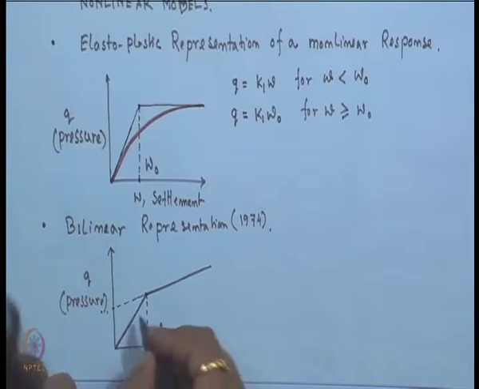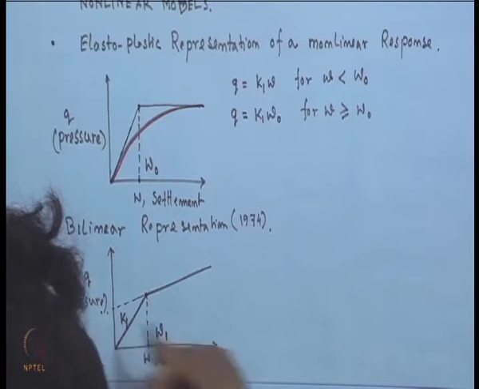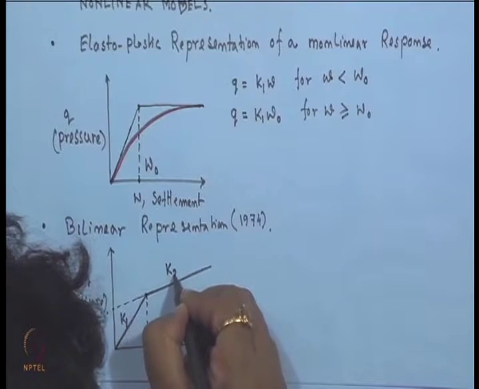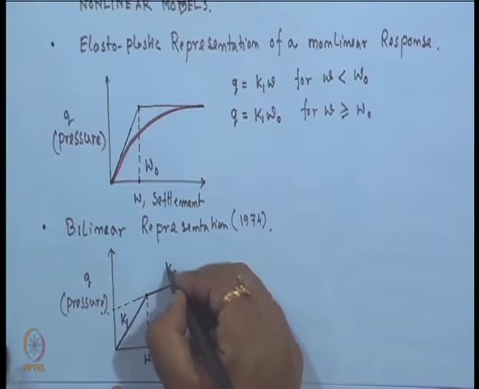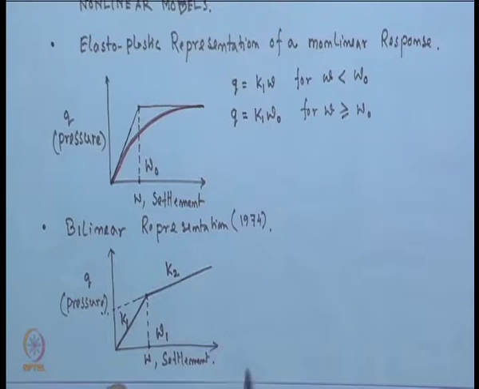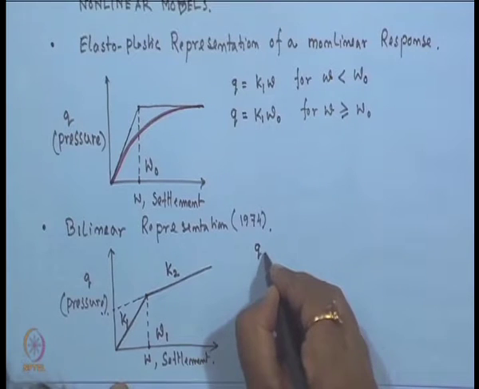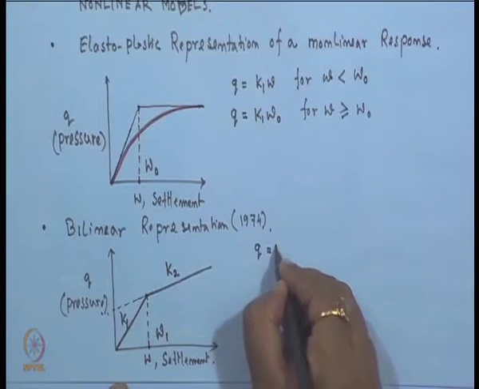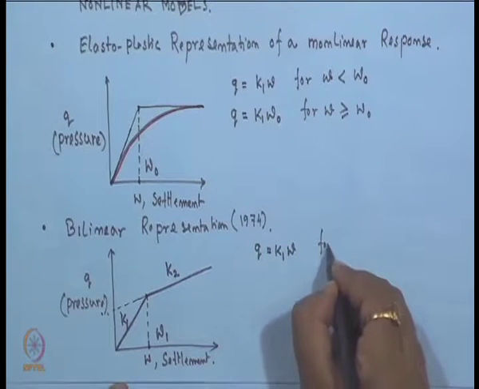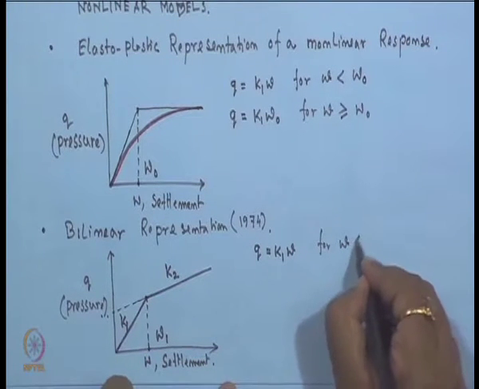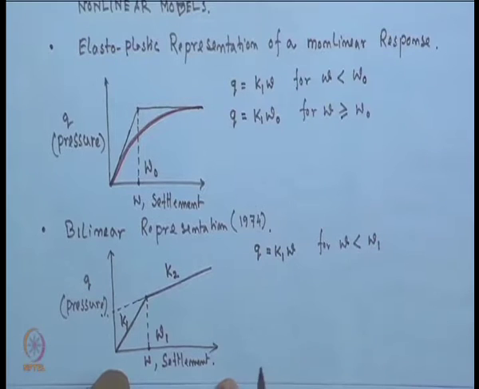So, K 1 is the spring constant and K 2 is another modulus of subgrade reaction. Now we will get the response Q equal to K 1 into W for W less than W 1.